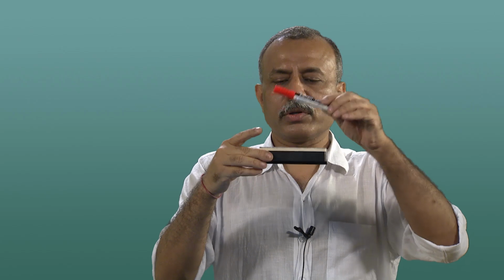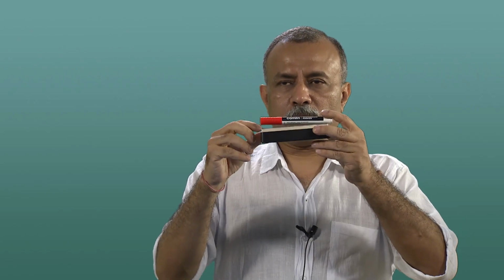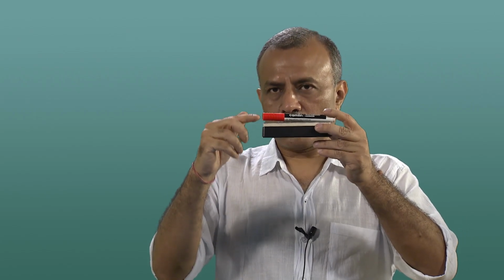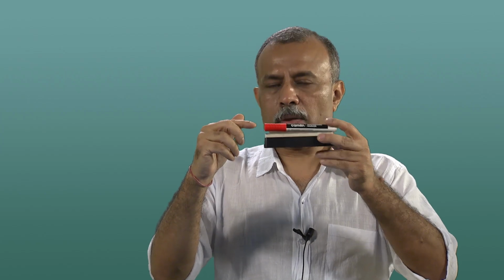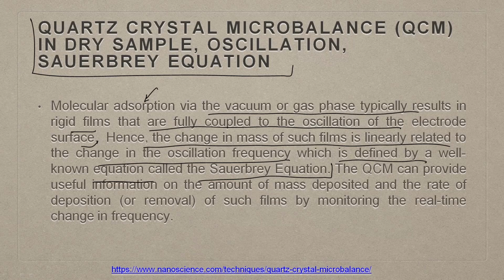The very moment I put a mass, the frequency is going to come down. So, that is exactly what is being said here. Hence, the change in mass of such a film is linearly related to the change in oscillation frequency. So, if the oscillation frequency is say nu, it will be directly proportional to the mass being added.